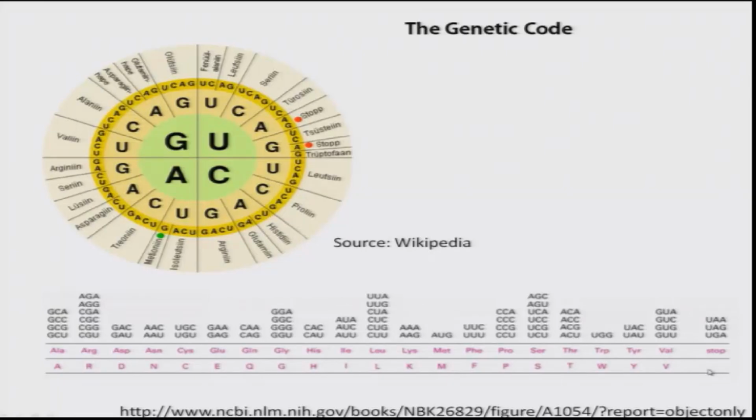This is shown in 2 different ways. One is to show all the combinations, for example, A combined with G, and that can be combined with any one of the 4, and then you can see how it gives the different codes which you call codons. These are the triplets.